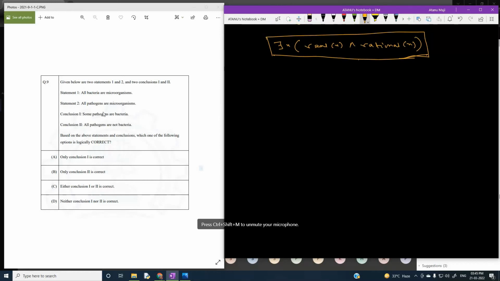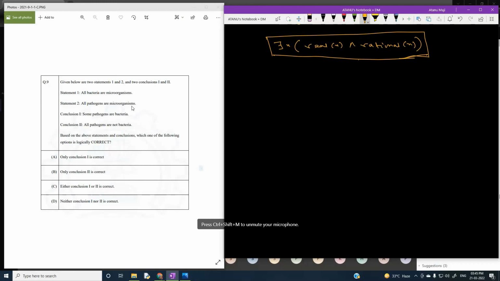Okay. So the question is this: two statements are given and corresponding to these two statements some conclusions are also given. The question is, if we consider these two statements together, can we conclude anything? Two conclusions are given, you just have to check which conclusion will be true from here.